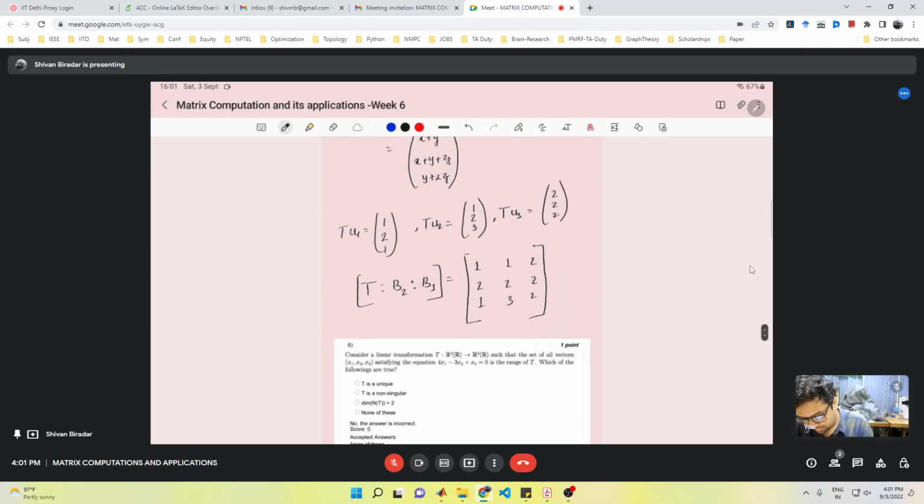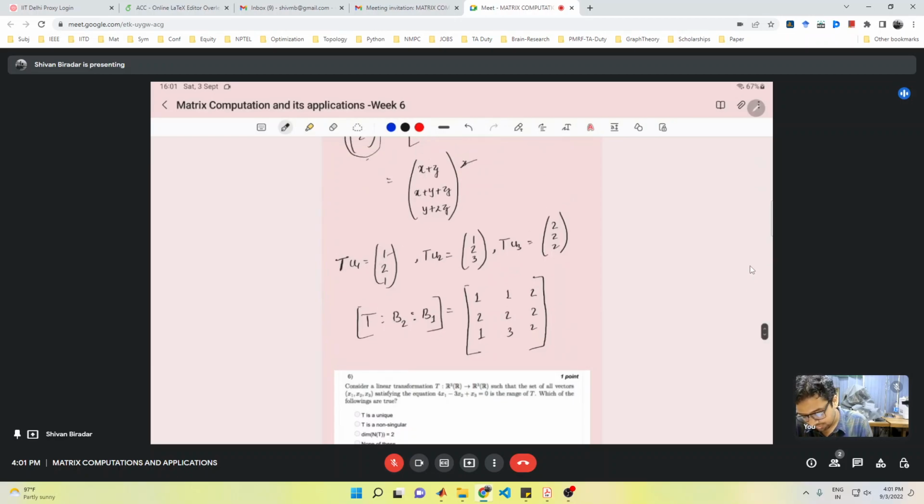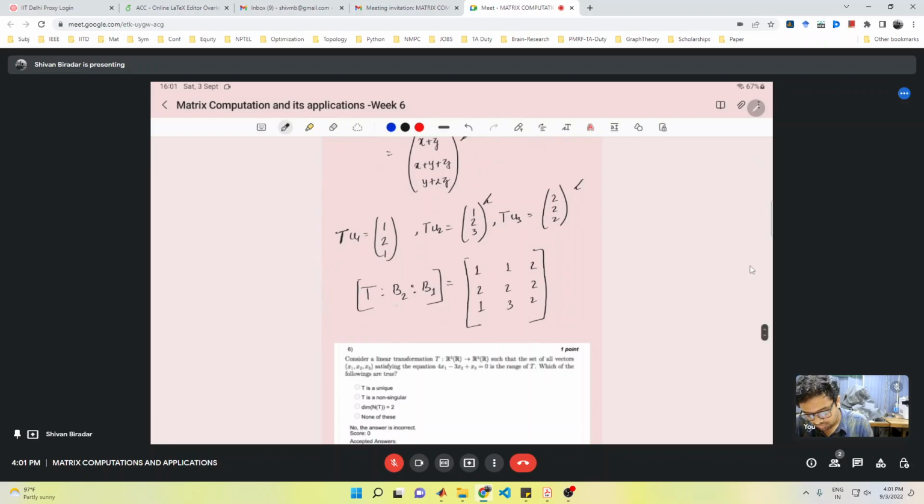So now we'll have the linear transformation of U1 and feed these three numbers, x, y, z, to get this. So a coordinate matrix transformation from B2 to B1 using this linear transformation is this.